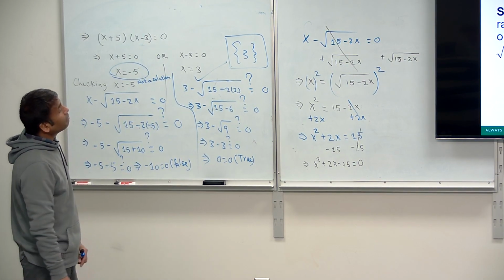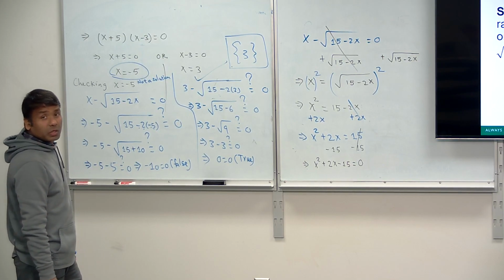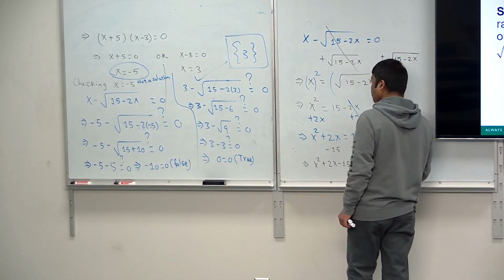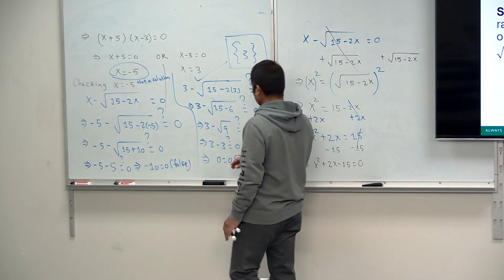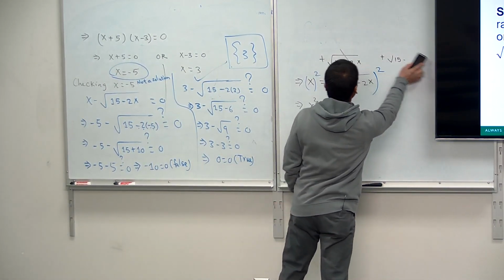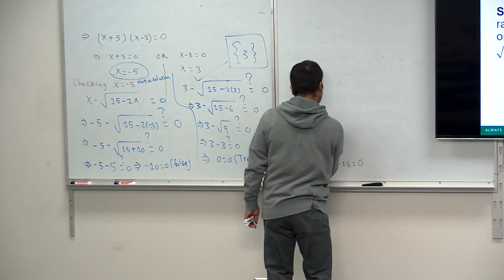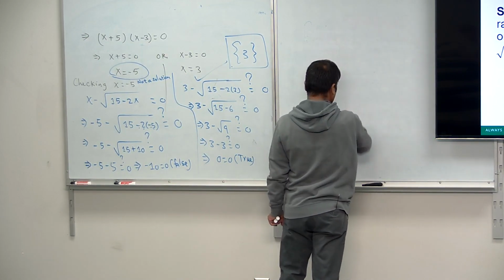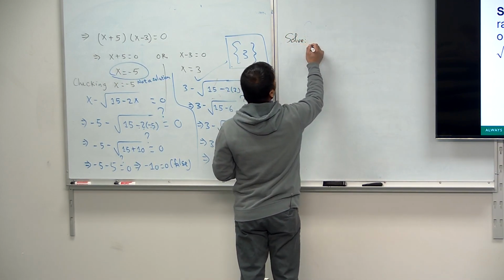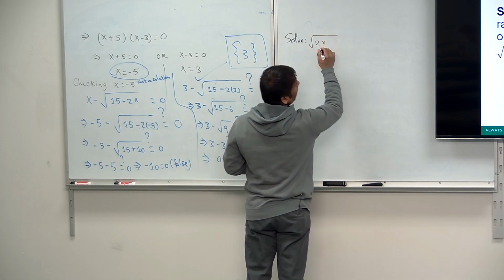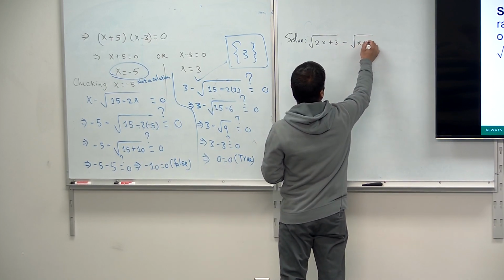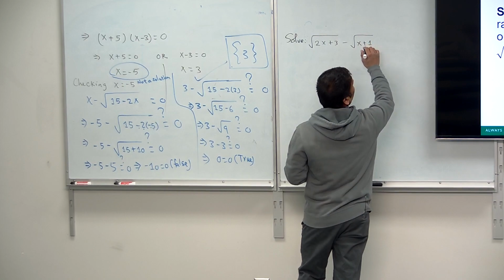Now if you have an equation that contains 2 radicals, okay? Although let me copy that. So you have: solve radical 2x plus 3 minus radical x plus 1 equal to 1.